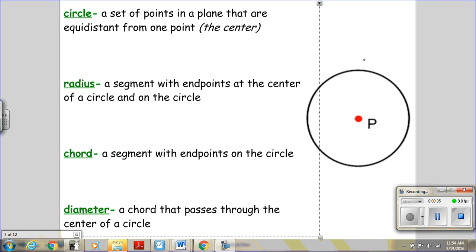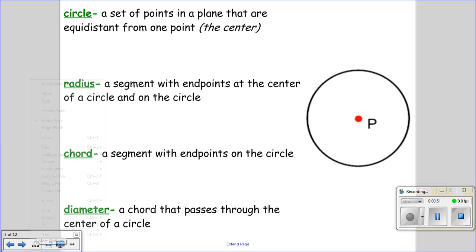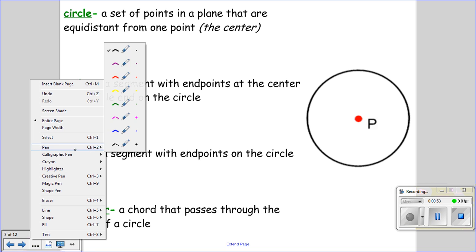The first thing is to know the formal definition of a circle, which is a set of points on a plane that are equidistant from one point, which is the center. So to our right, we have a circle. To properly name a circle, you use the center of the circle to name the circle.